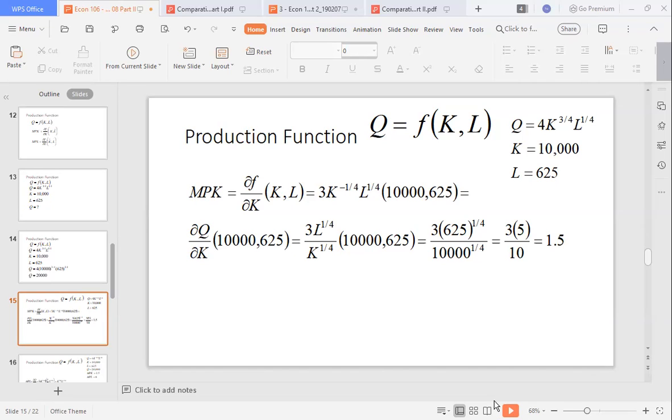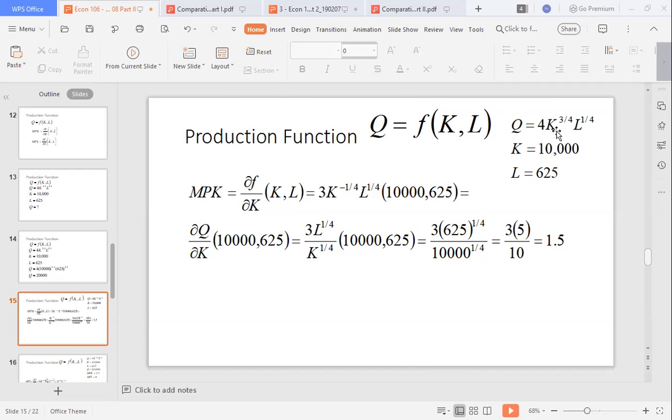Now, let's also do the same exercise. I think we have time here. Okay, we have a question. Where did the 3 and 3K raised to the power -4 come from? Now, remember, class, that when you're getting MPK, it means that you are getting it from the production function, right?